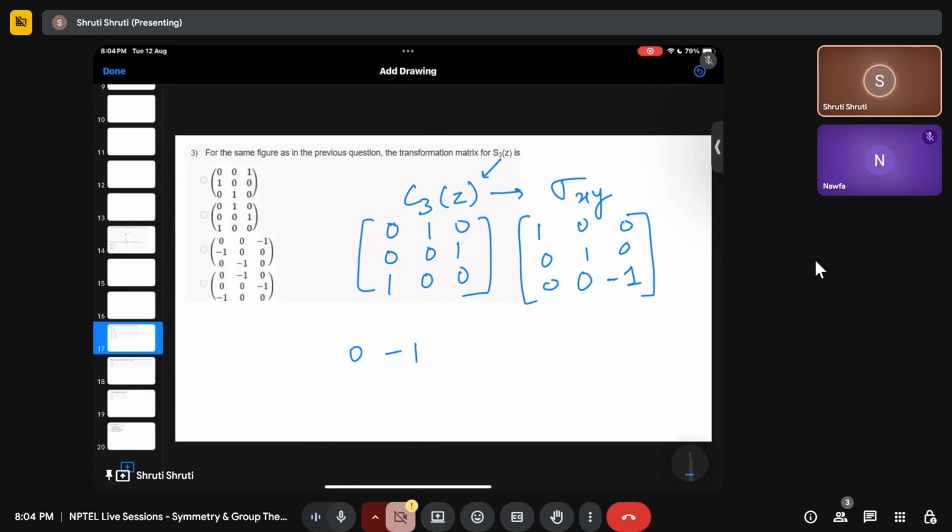It should be 0. 0, 0, 0. It is also coming 0. Something is wrong. Let me check. I should have solved it earlier.